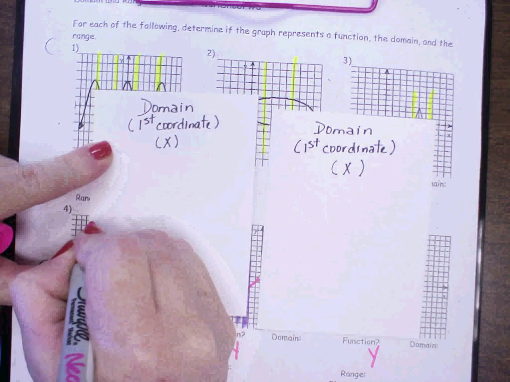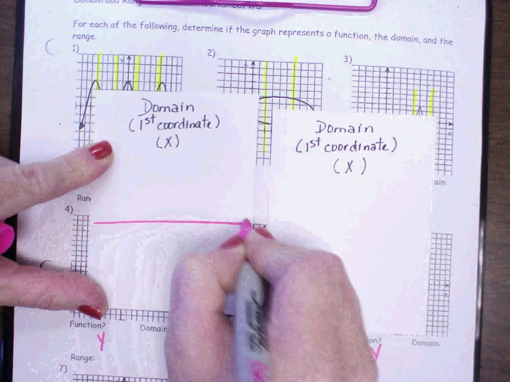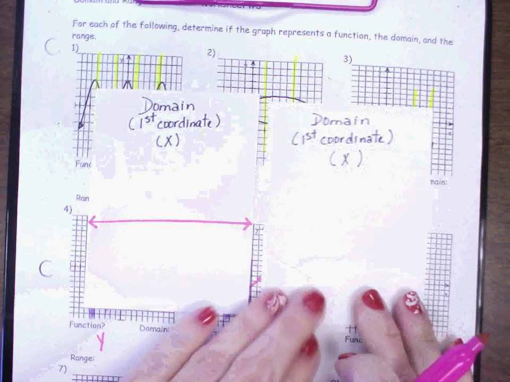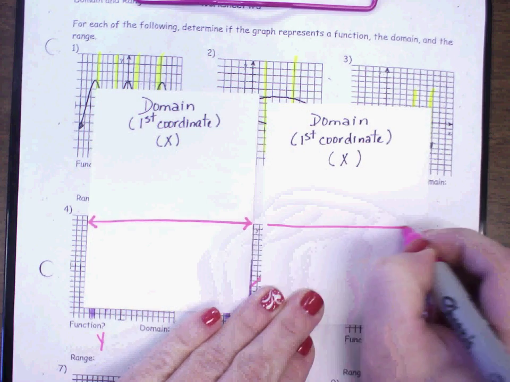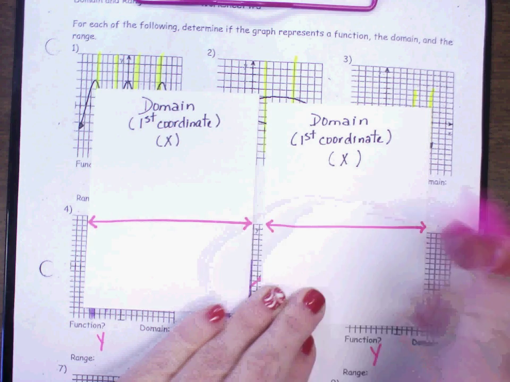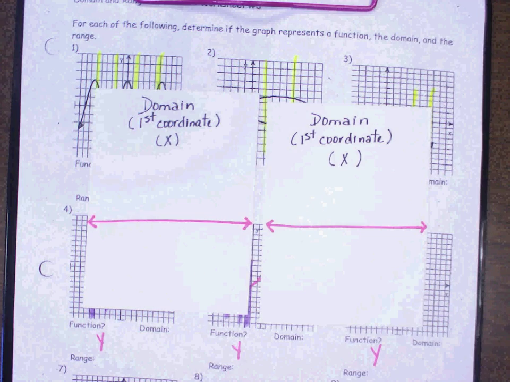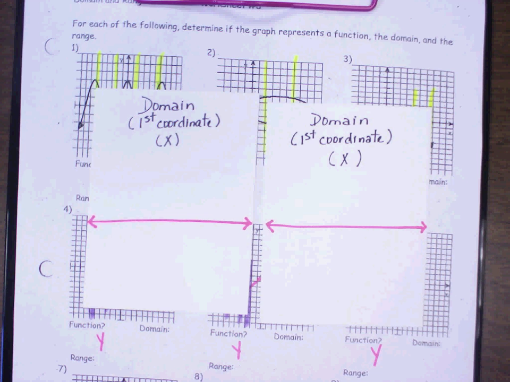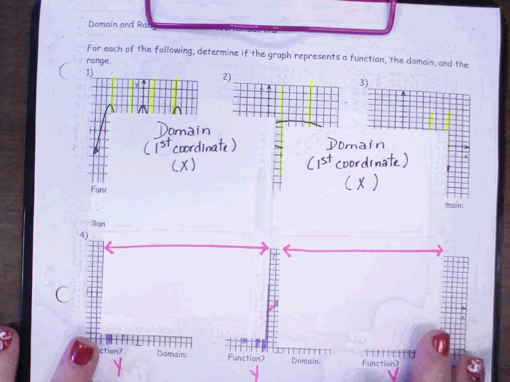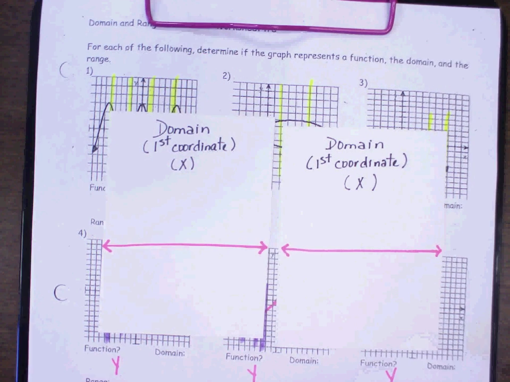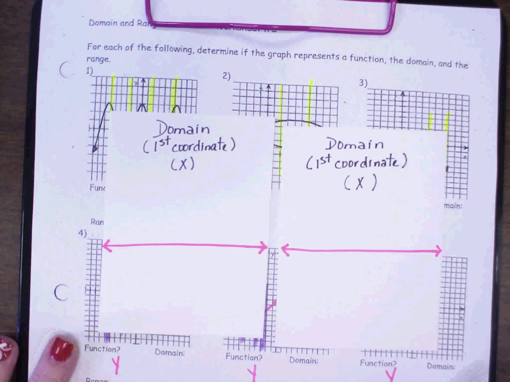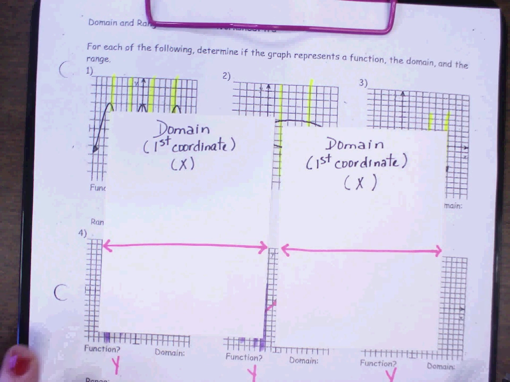Vertical is x? Up and down? Oh, horizontally, right? So let's go ahead and take one of our highlighters or a marker. And we're going to decide that this is from left to right. Correct? So that's where I'm looking. I'm looking right and left, right and left, right and left.